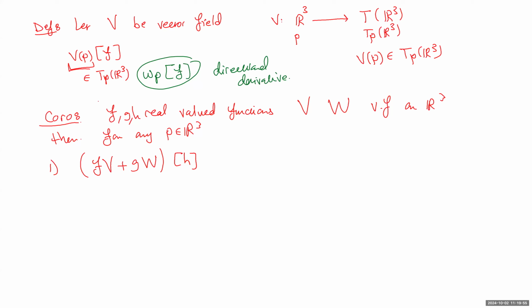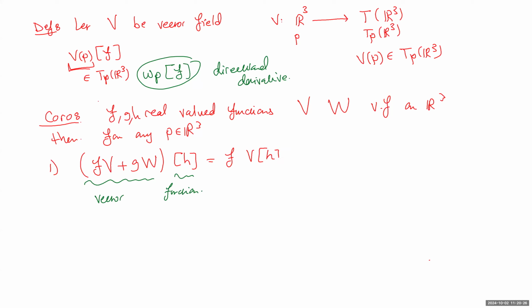So what is this? This is the directional derivative. This here is the vector part. And this here is the function we differentiate, a real valued function. This would give us the obvious thing.